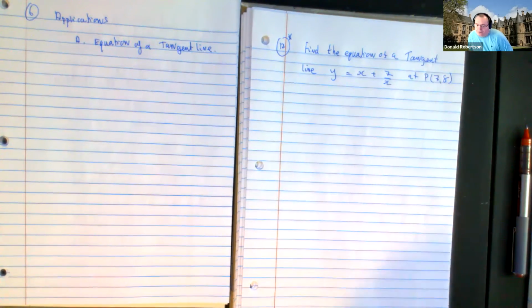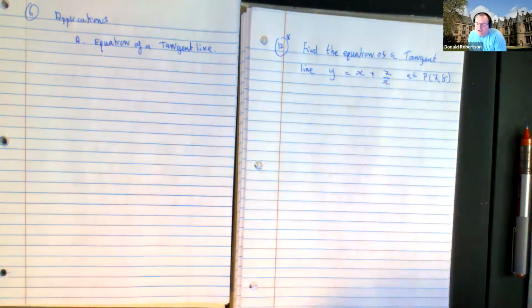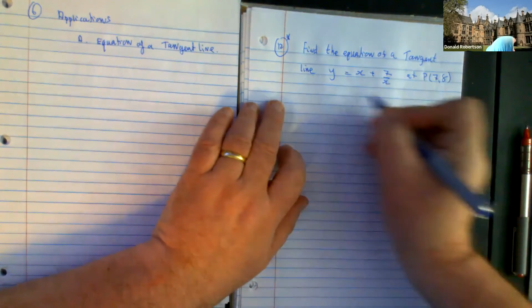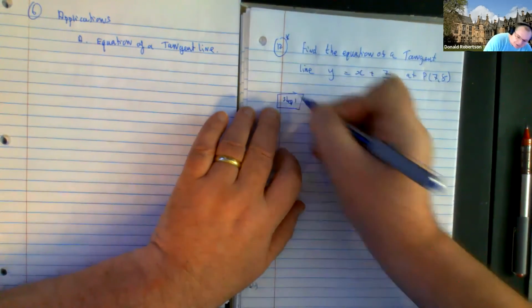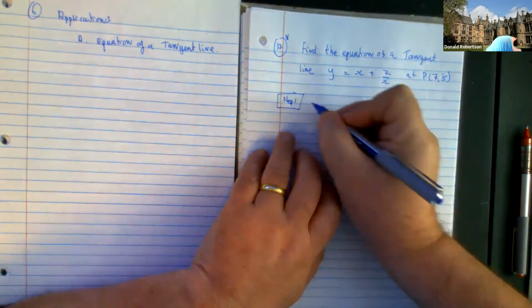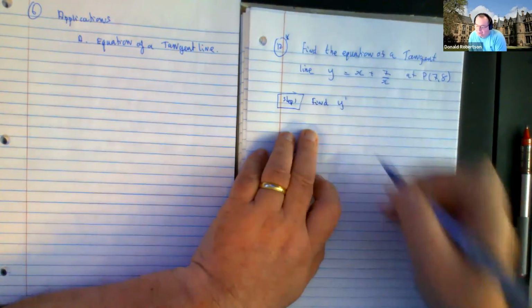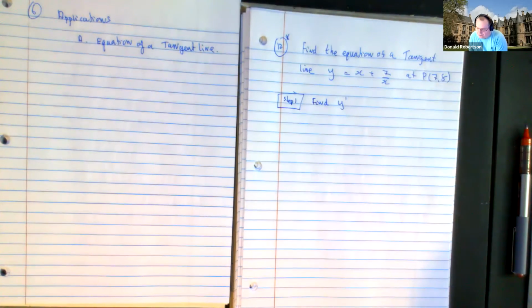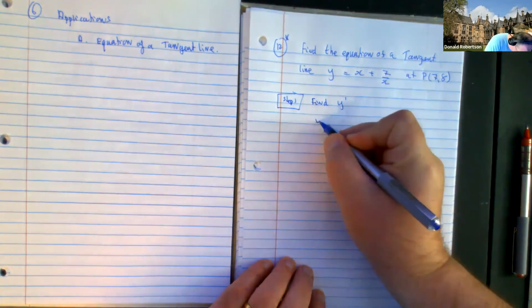So this function will change, and obviously the point at which you find the equation of the tangent line will also change. So for this type of question, you can pretty much set up a little step 1, 2, 3 thing. Step 1, find the derivative. Okay, so that's the first step. So here is the original function.